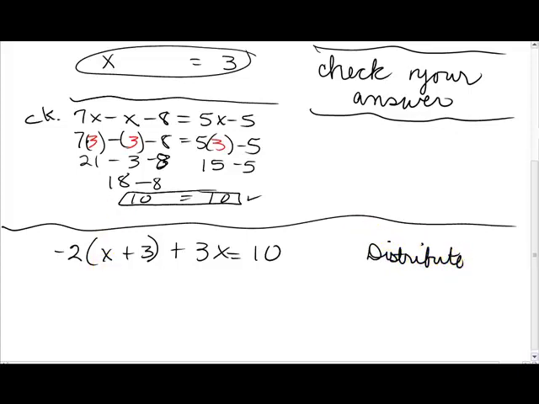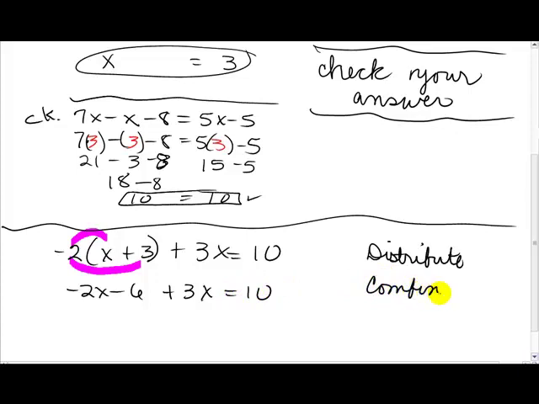So we're going to take the negative 2 and multiply it here and here. And we're going to combine our x's. We'll have minus 6 plus x equals 10.